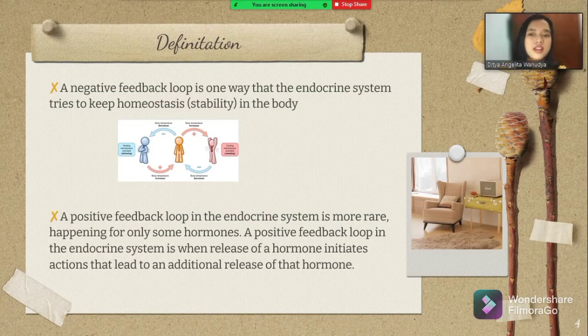So I will explain about negative feedback. A negative feedback loop is one way that the endocrine system tries to keep homeostasis in the body. If an endocrine gland senses that there is too much of one hormone in the body, it will initiate change to decrease production of that hormone.